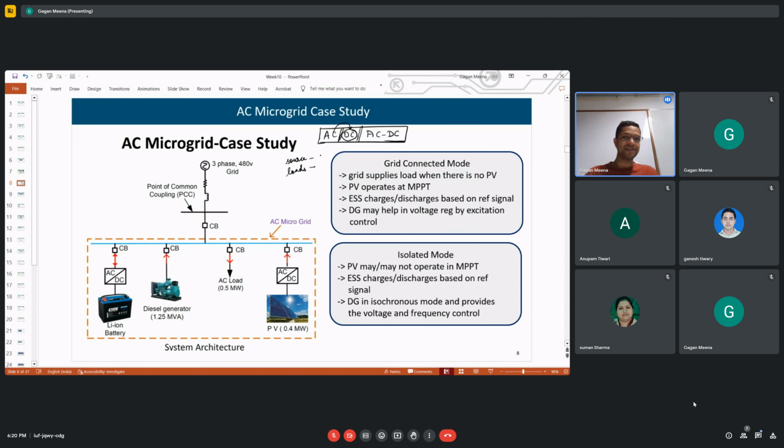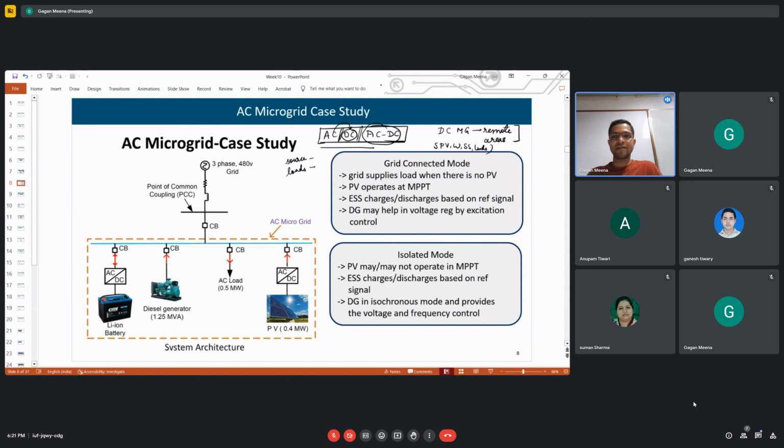Although we cannot have a fully DC microgrid, where can we use one? We can have an isolated DC microgrid for remote areas, right? There, if we have solar PV, we can have wind, energy storage and loads, so we can connect them to a DC microgrid.